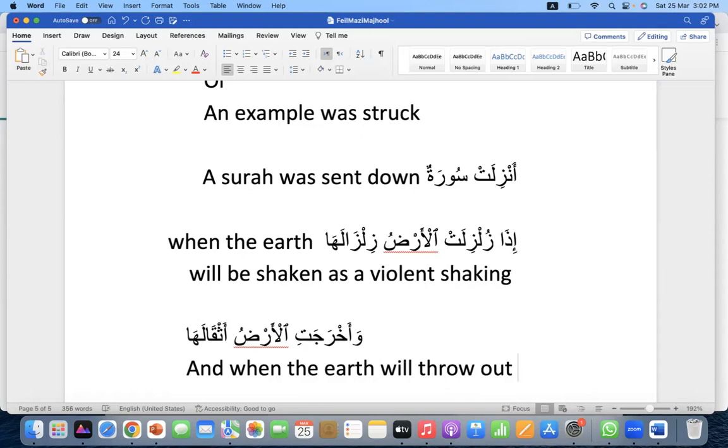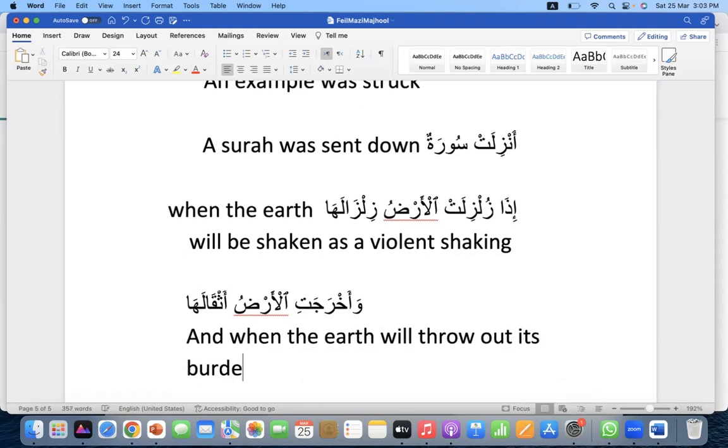Asqal means burden. So the earth will throw out its burden.